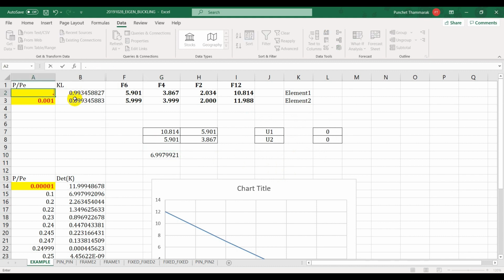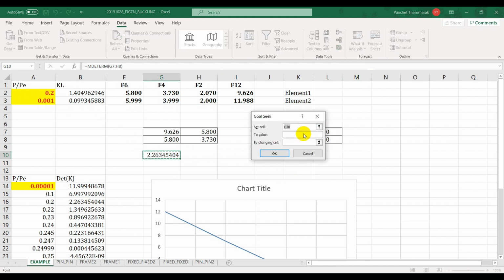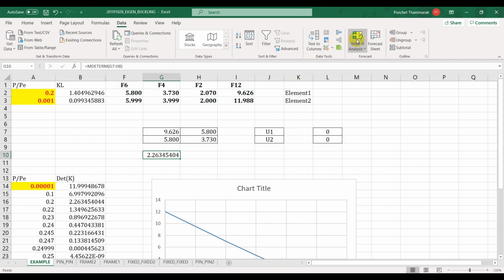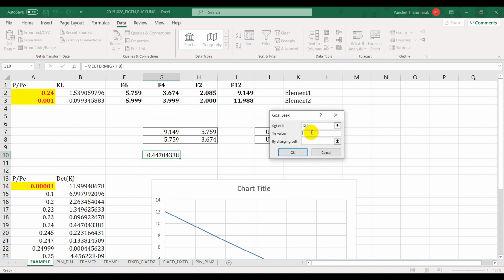Let's try it again. Goal seek with G10 found a solution, target value 0. Yeah, you can end up with something like this. Sometimes it is smart, sometimes it is not. If you got it to this much, then you don't need the goal seeker, right?